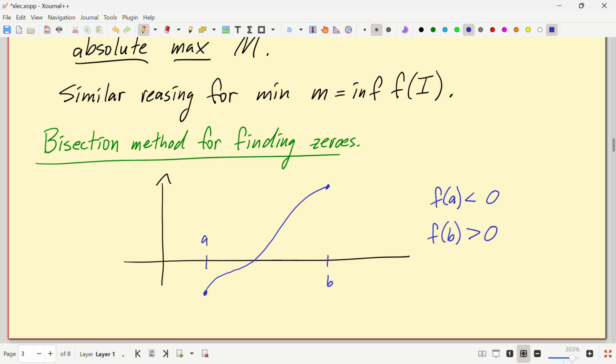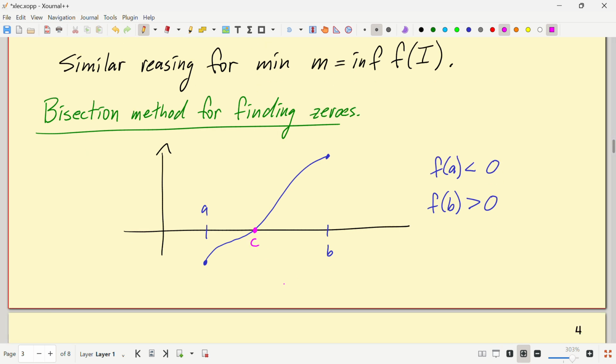I'm going to find you a spot between there, C. So the deal is there is a C with A less than C less than B with f of C equals 0. There might be multiple ones. If that thing wiggled a lot, there could be multiple C's. In fact, there could be infinitely many C's if I made it totally flat for a while.